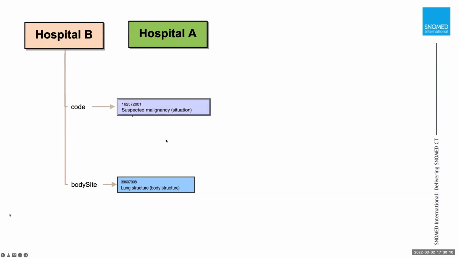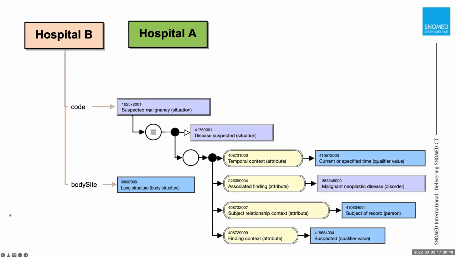But they use a different code, suspected malignancy, as their condition code. But if we look at how suspected malignancy is defined, it's a type of suspected disease. And if you go down here, it is defined with an associated finding of malignant neoplastic disease and a context of suspected.